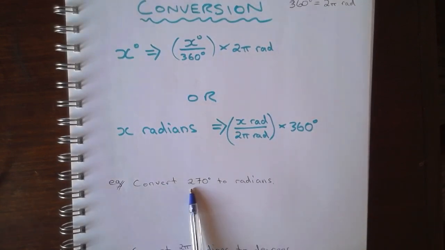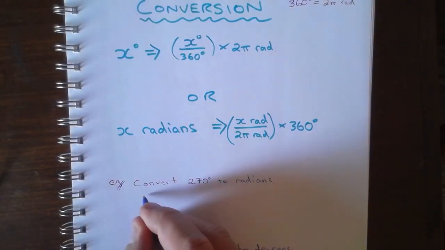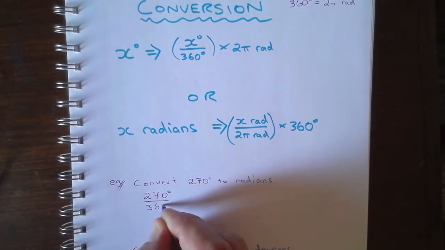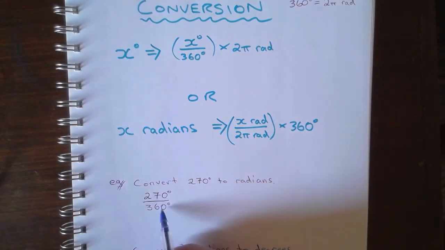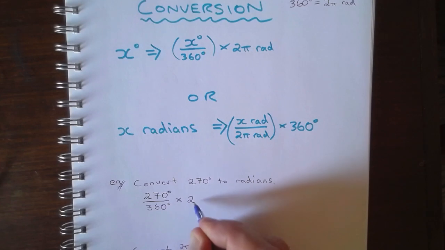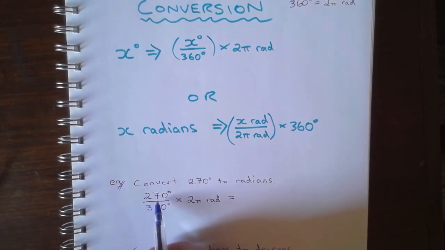I want to convert 270 degrees to radians. So this is where we're up here. We could use that formula if you like, or we can think about it conceptually. We've got 270 degrees. How much of a full rotation is that? We divide by a full rotation in degrees, and then multiply by 2 pi radians. 270 degrees divided by 360 degrees is 3/4.